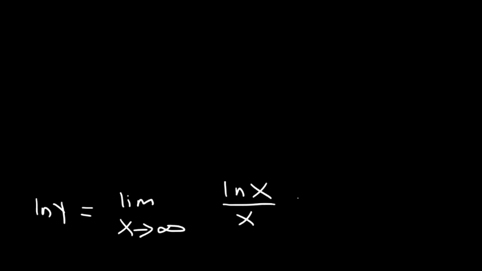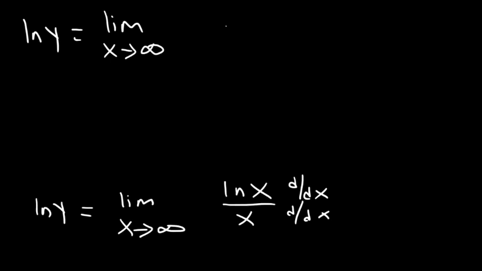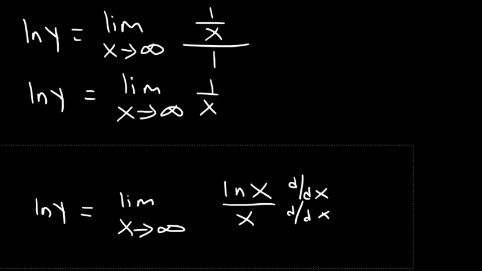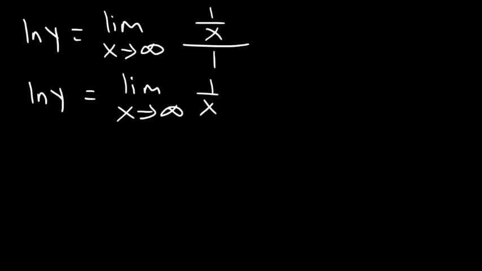Now look at the right hand side. Log x by x is an indeterminate term, that is infinity by infinity. So I will take the derivative of this. So log y becomes limit x tends to infinity, log x derivative is 1 by x, and x derivative is 1. So I have log y equal to 1 by infinity, which is equal to 0.